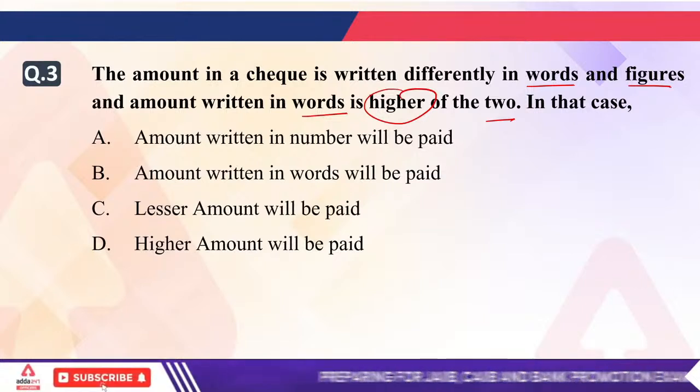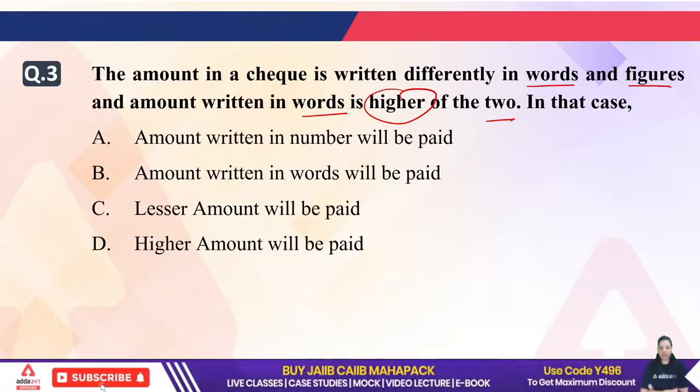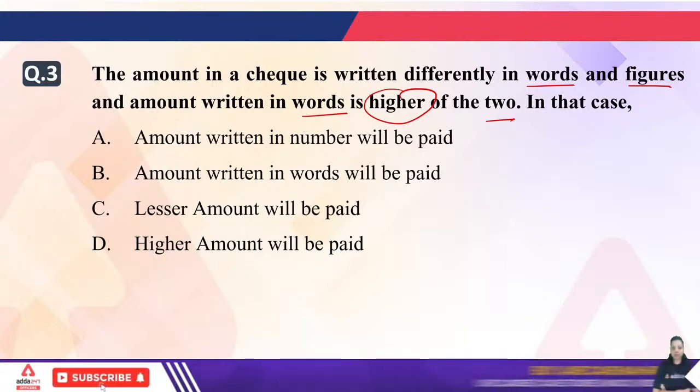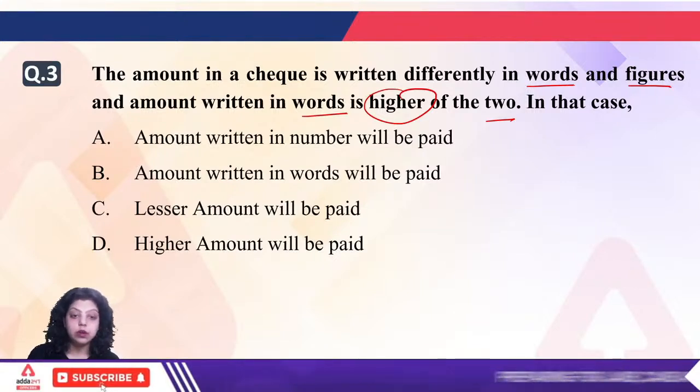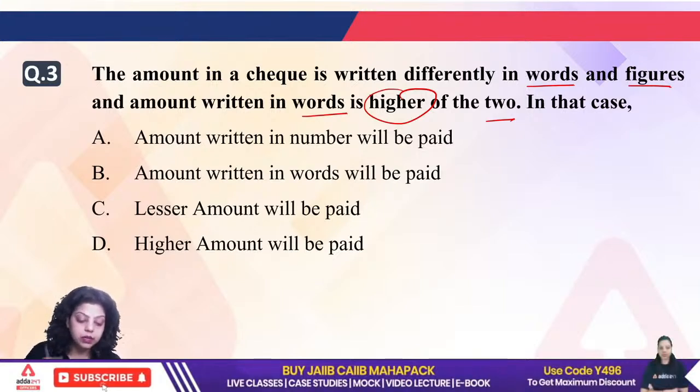Second: amount written in words will be paid. Third: lesser amount will be paid. Fourth: higher amount will be paid. Which of the following is the correct option? A, B, C or D?